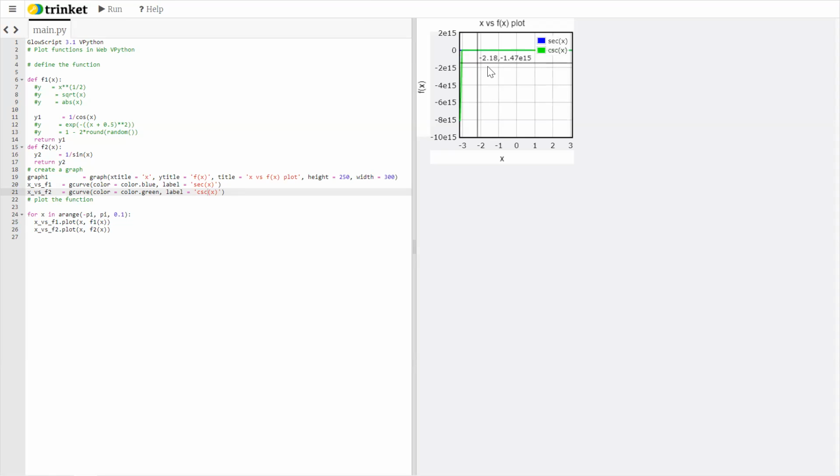So we have these two functions, one is secant and the other one is cosecant. We change the interval from 0 to, let's say, 3 pi.